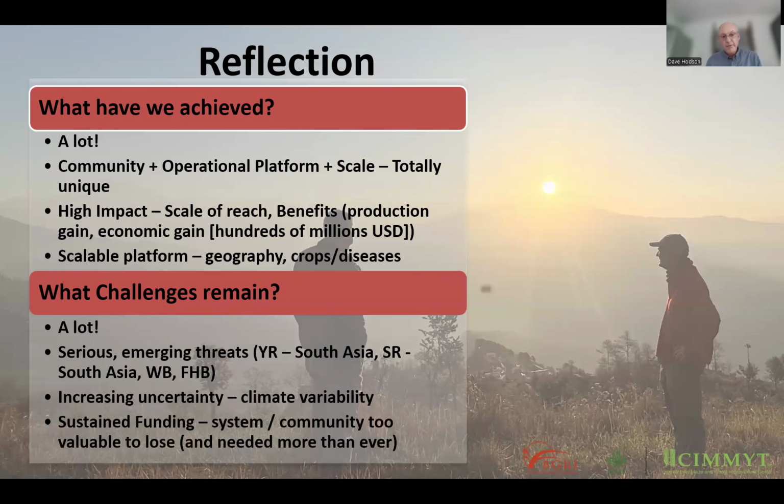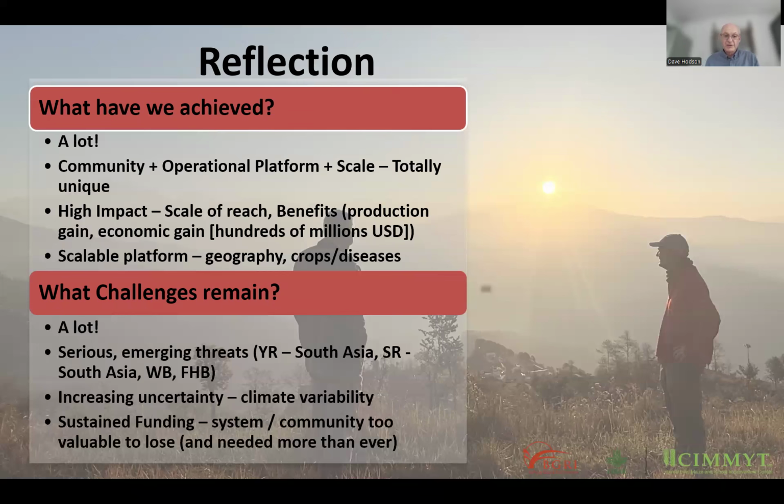Likewise, fusarium really increasing, and I think definitely a disease of the future. And then obviously we've got climate variability as well on top of this, and that's really increasing the uncertainty of when and where diseases are occurring. And then funding, I mean, sustained funding.